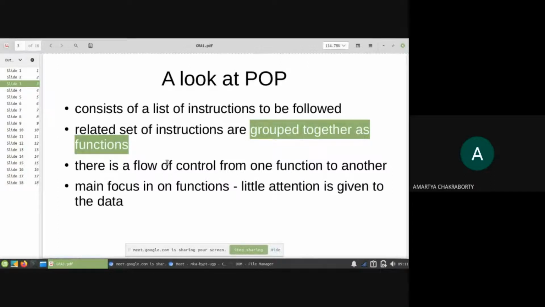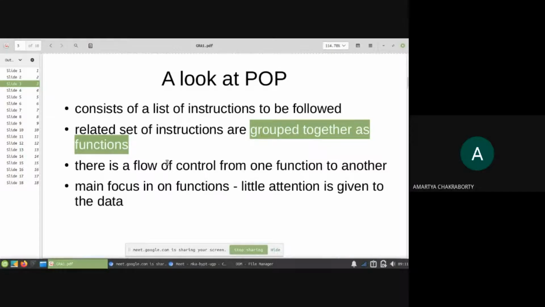We all know what compound interest is. We can group those 10 instructions under a single function called compound interest or some other name. That is how procedure oriented programming works.